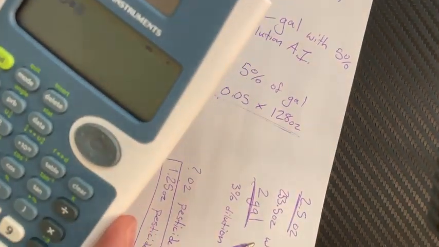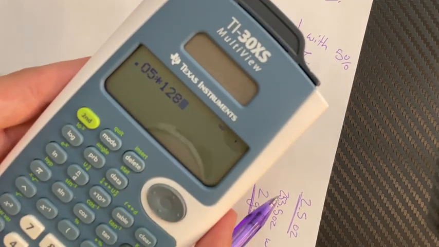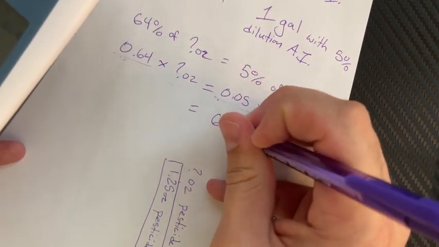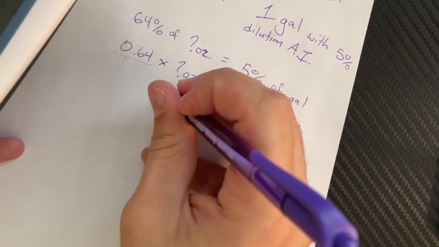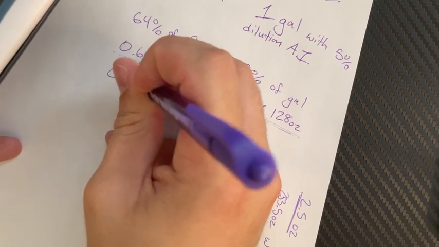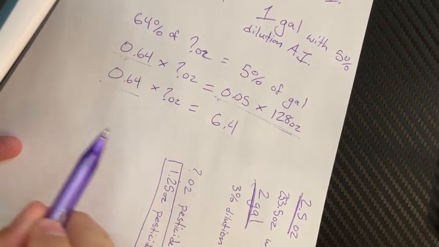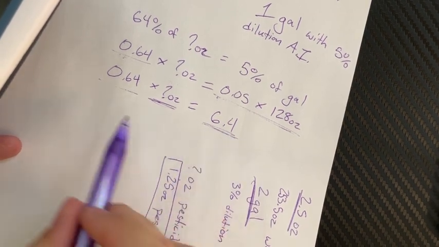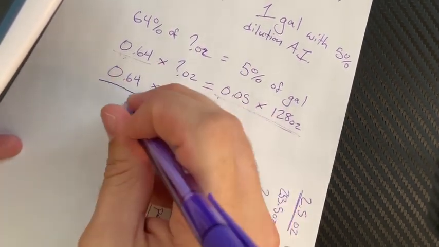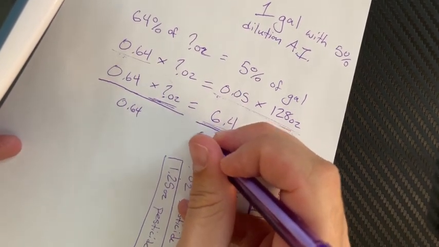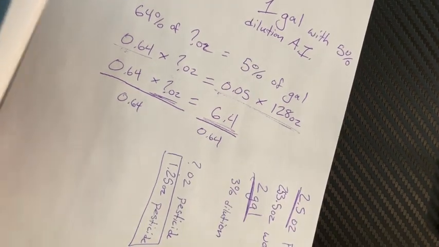But 0.05 times 128 ounces is 6.4, okay? 6.4 is however many ounces we're adding, okay, 64% of however many ounces we're adding is 6.4. So now we need to divide this side by 64%, divide this side by 64%, okay?